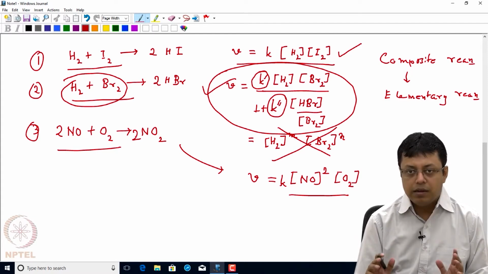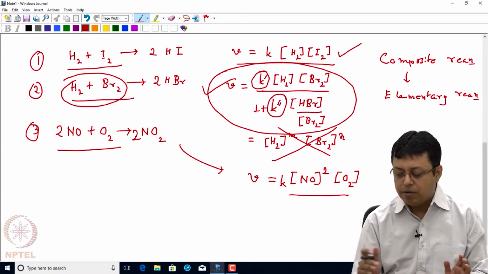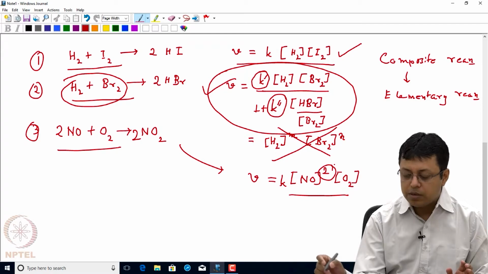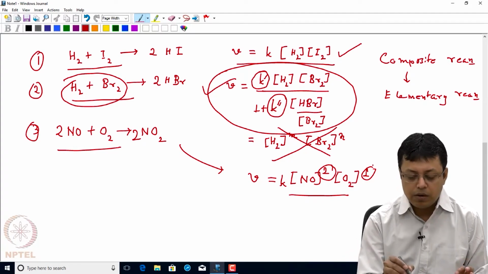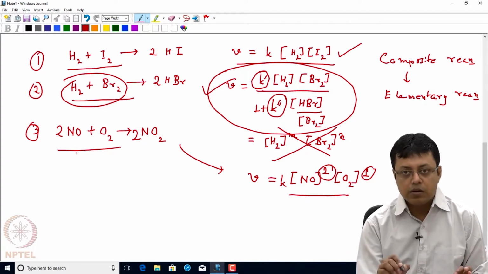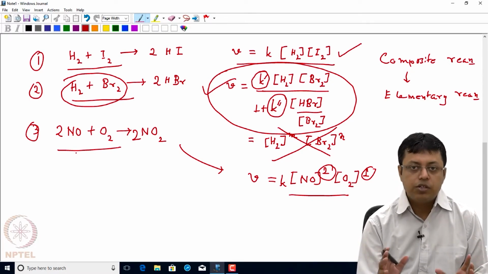And in the rate equation, I find that the order is second order with respect to nitric oxide and first order with respect to oxygen. Now again, this is a wrong concept. The reason is, what we are saying is two molecules of nitric oxide collide with one molecule of oxygen, and that kind of collision probability is very less, because collision probabilities for gas phase reactions are mostly bimolecular.